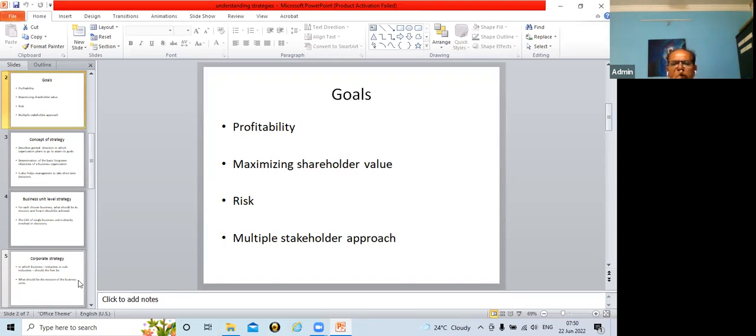Even cooperative enterprises are no profit, no loss. So that is why this is the exception in respect of profitability. But apart from non-profit, non-government or cooperative organizations, almost all enterprises are associated with either of these goals.